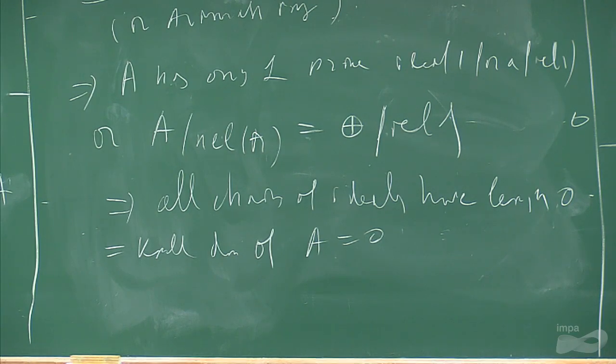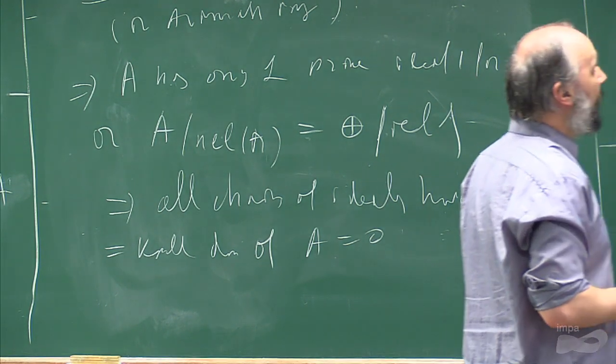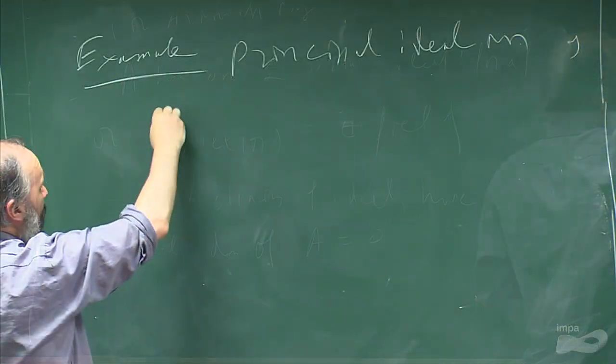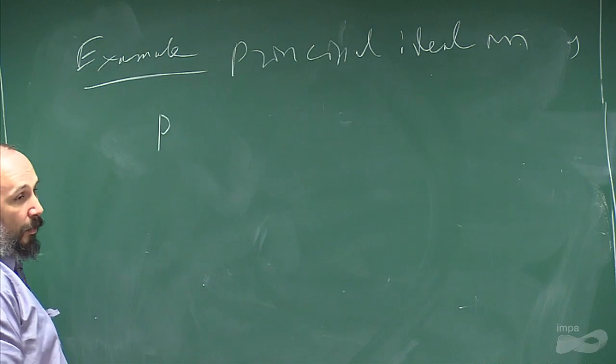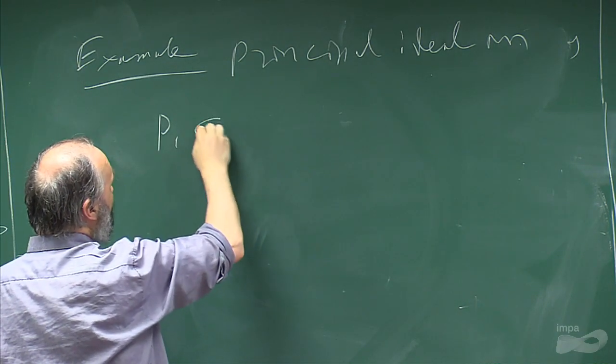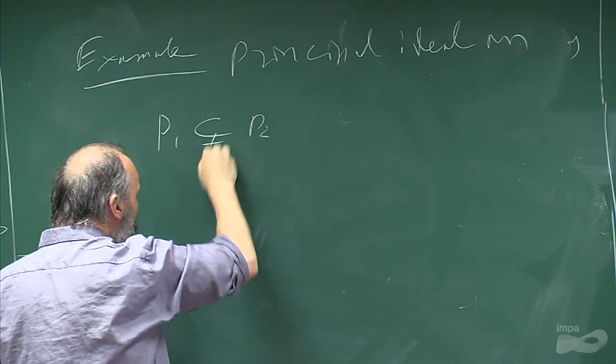Everybody remembers what a principal ideal ring is? Please raise a hand. Good, thank you very much. Now suppose you have a principal ideal ring, and you have two prime ideals, P1 sitting in P2, not equal.